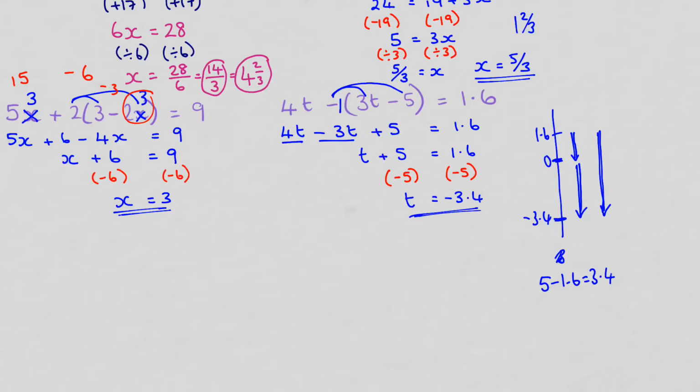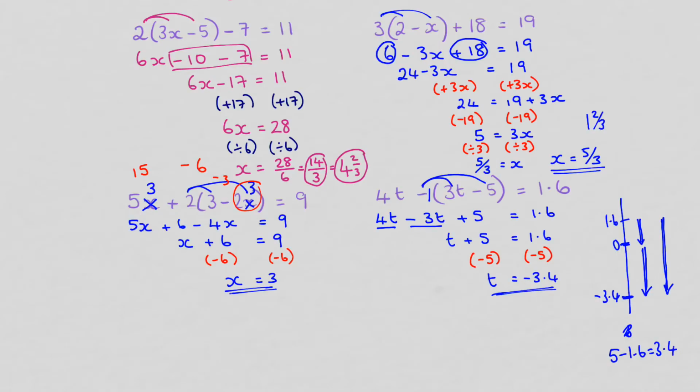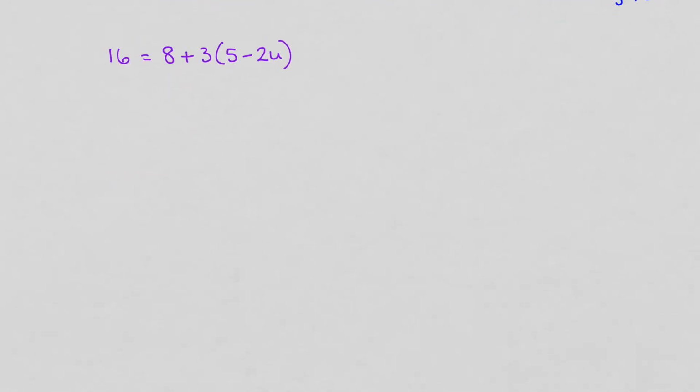Okay. And then, I think I've just got one more for us to do. So here it is. So we're going to multiply out the bracket. So that's working with the right-hand side just now. So we keep the 16 on the left-hand side.